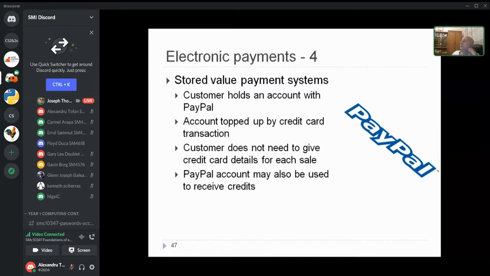However, your credit card details do not appear anywhere, so it makes it more secure. You don't need to give your credit card details with each sale. And nowadays, PayPal accounts can also be used to receive credits. If you know somebody's email address and you know that he has a PayPal account and you want to remit money to that person, you can do it through PayPal.